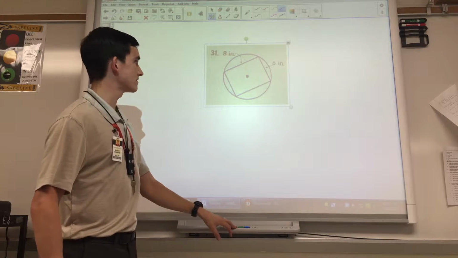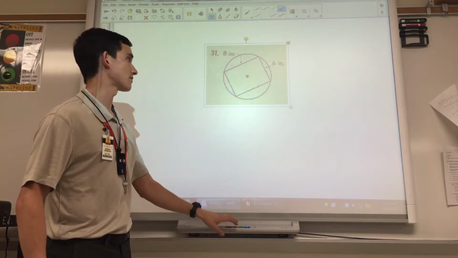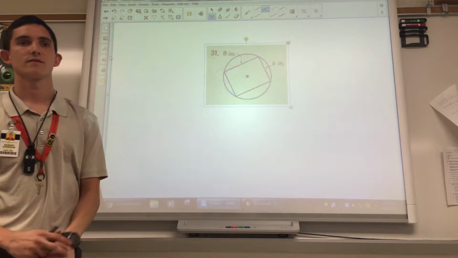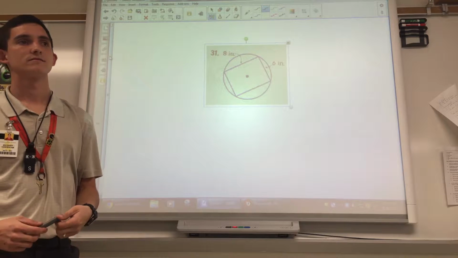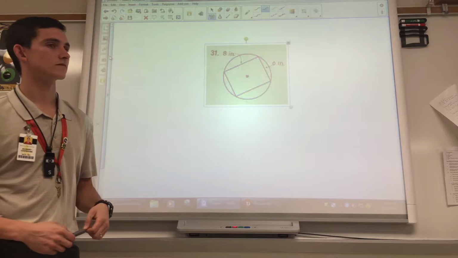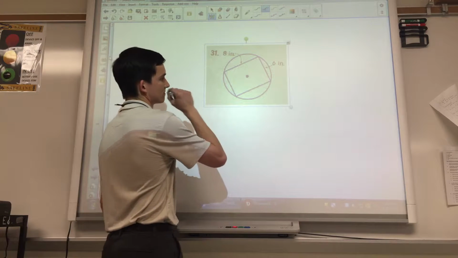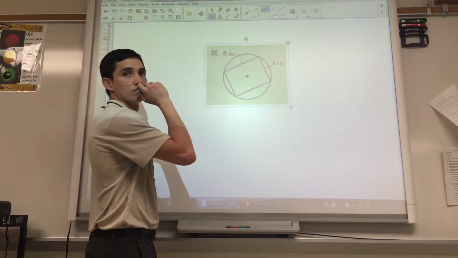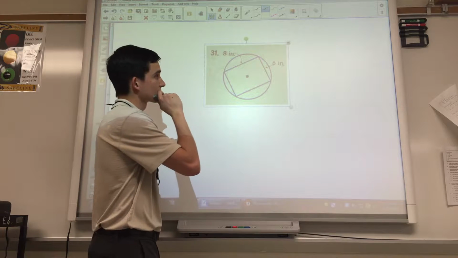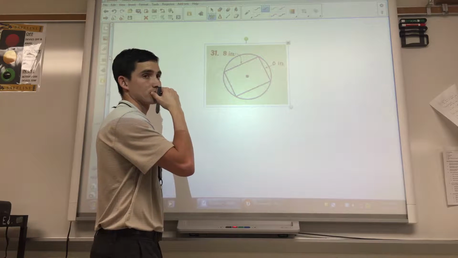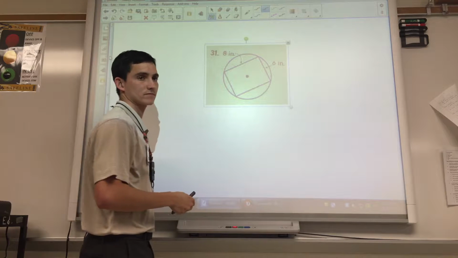If I wanted to find the diameter here, how would I do that? It's like 90, 180, like something angle. I don't know. I never understood that. This is the same concept. How would I find the diameter here?